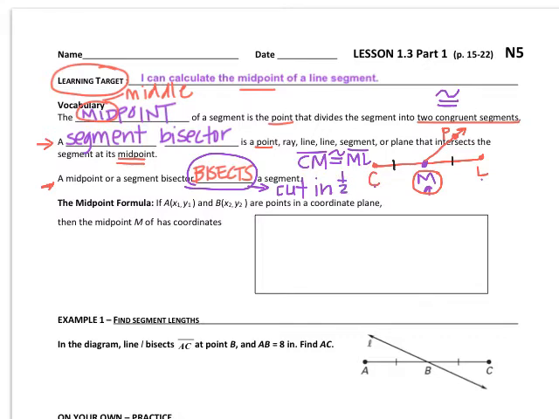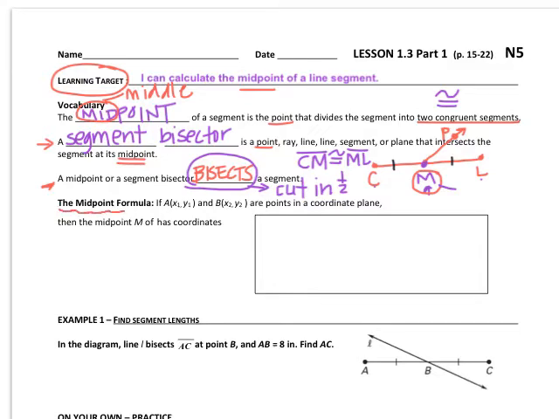Okay, so point M is really the place where if we bent that licorice and pinched it tight enough and tore it, we would have 2 congruent segments of licorice. It's the halfway point. It bisects there at point M. Okay, if you have any questions up to this point, write those questions down on your paper. And we would like to go next to the midpoint formula.